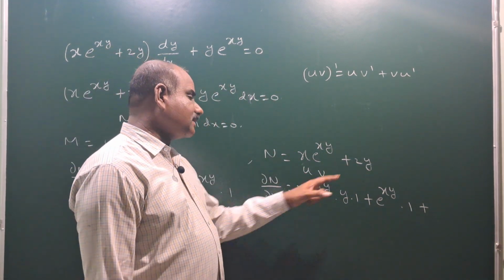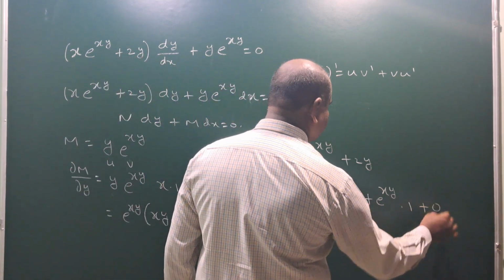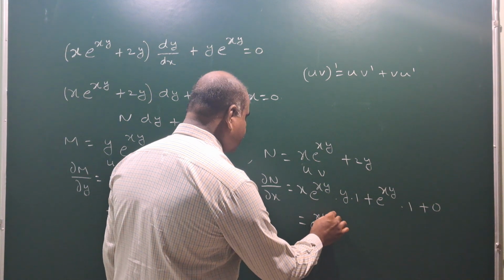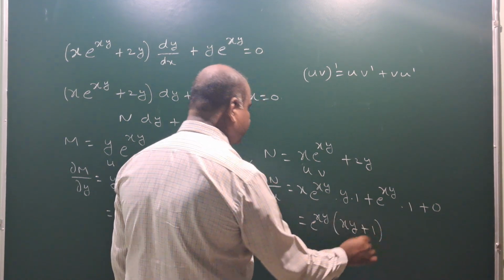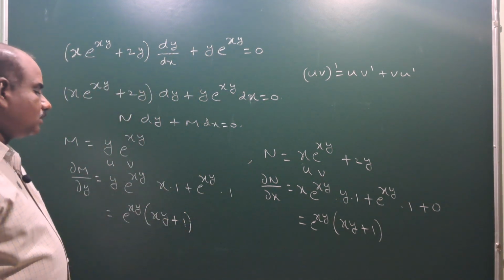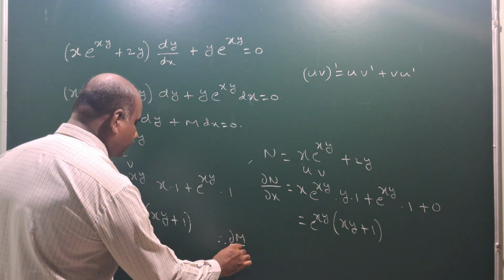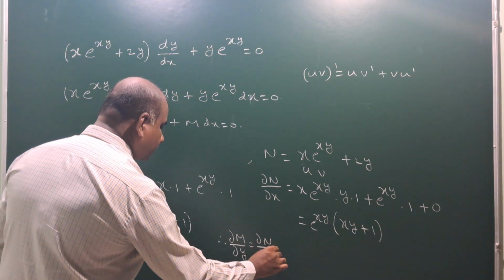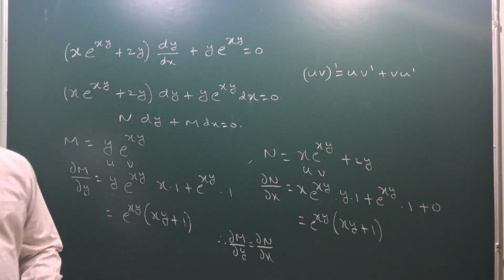With respect to x it is completely constant, so its derivative is 0. Here also we take e^(xy) as common. We get e^(xy)(xy + 1). Observing this, ∂M/∂y and ∂N/∂x are both equal. Therefore ∂M/∂y is equal to ∂N/∂x. So it is exact, and then we have to find the general solution. Okay, let us see that.